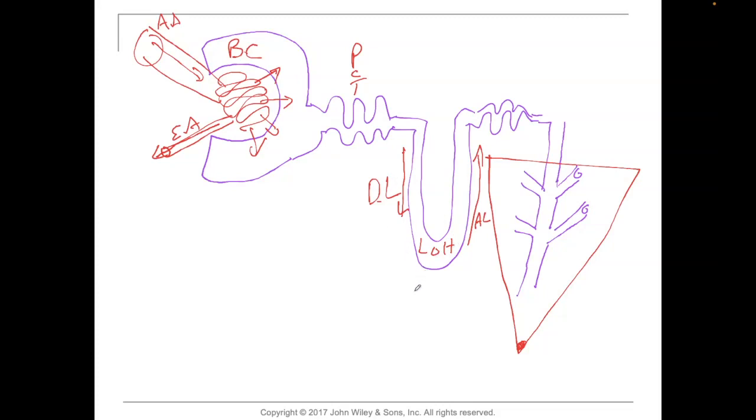So if you ever hear people that have blood pressure issues, some of them are on drugs called loop diuretics. Those loop diuretics target this part of the nephron where there's a lot of salt and water exchange right in here.